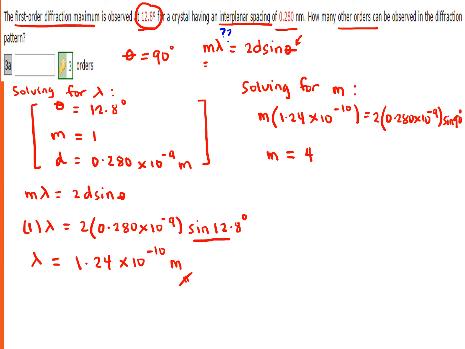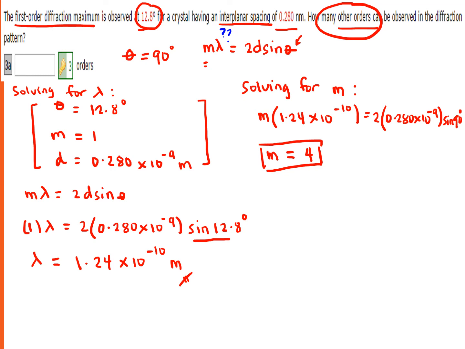So you have to make sure that you round down your answer to the nearest whole number. So round it down. Therefore, our m is equal to 4. So we will observe a total of 4 diffraction patterns. However, the question says how many other orders can we have?